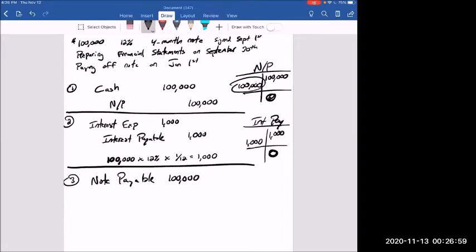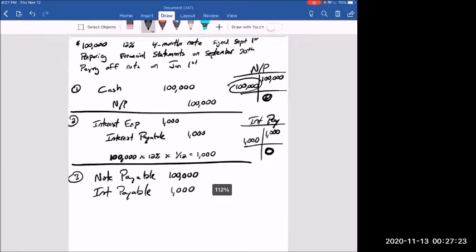But now I have some additional interest expense, don't I? Okay, so, well, this tells me I'm going to debit interest payable for 1,000. But now I have, I guess, what, 3 more months of interest expense?